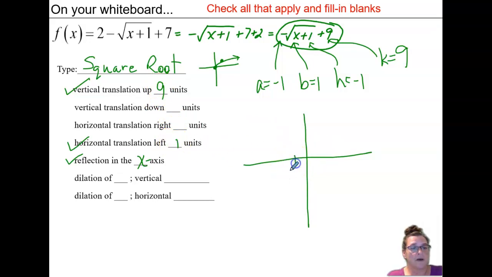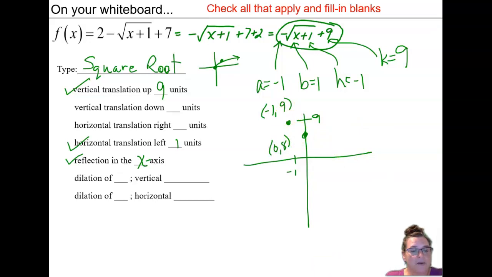So to the left 1 puts me at -1, then up 9 units means my endpoint is up here at the point -1, 9. Now there's been a reflection in the x-axis, so instead of going up 1 and to the right 1, I'm going to go down 1 and to the right 1, and that puts me at this point 0, 8 as my guide point.